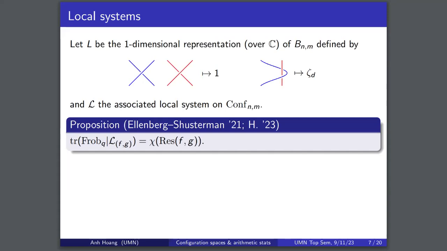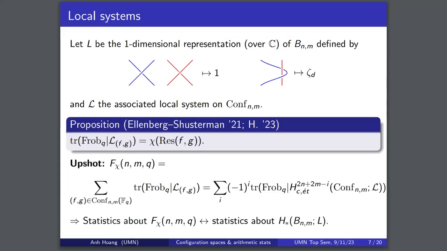So the upshot of this is that we can rewrite our sum as the sum over all points in Conf_{n,m}(F_q) of the trace of Frobenius of elements on the stalk of the local system.